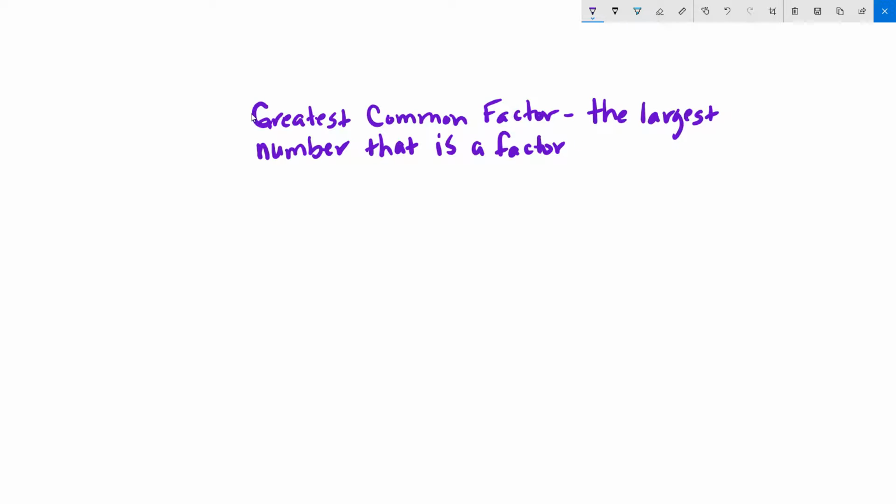So if we look at finding the GCF of 12 and 21, we can look at the factors of 12 first.